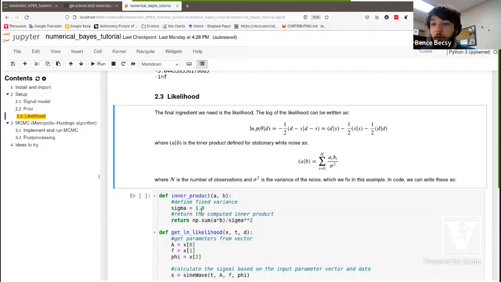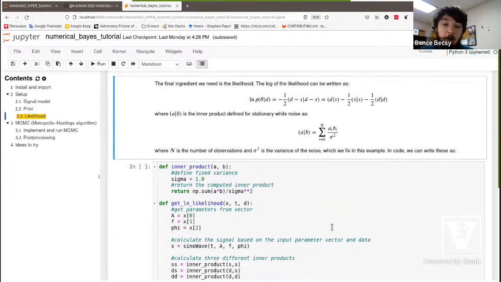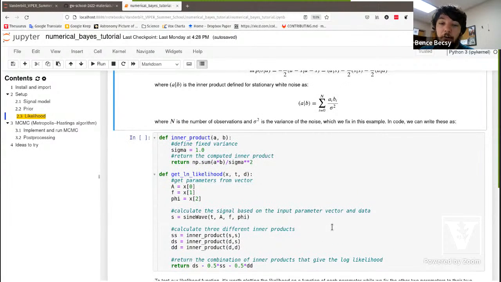In this case, because we generated the data in a way that the variance of the noise is 1, we just fix that here. So that's easy enough. And then we return the sum over this product, and just divide it by sigma squared. And so then to get the log likelihood, we separate out these parameters as in the prior, just for clarity.